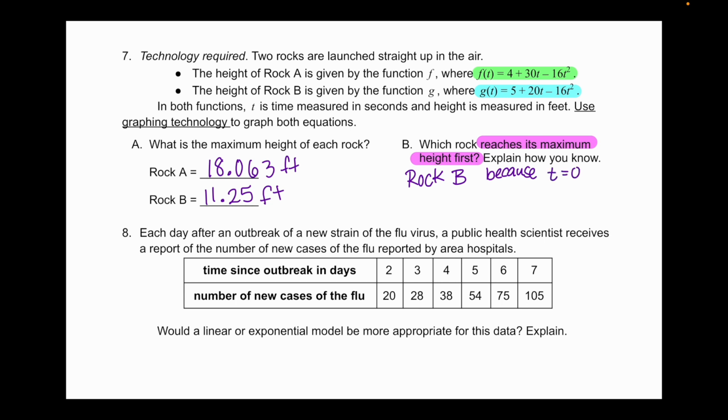T equals 0. What we said was 675. I'll go double check that number. At the maximum, instead of t equals 0.9 something for rock A. So I'm going to go back and look and just copy my numbers over.